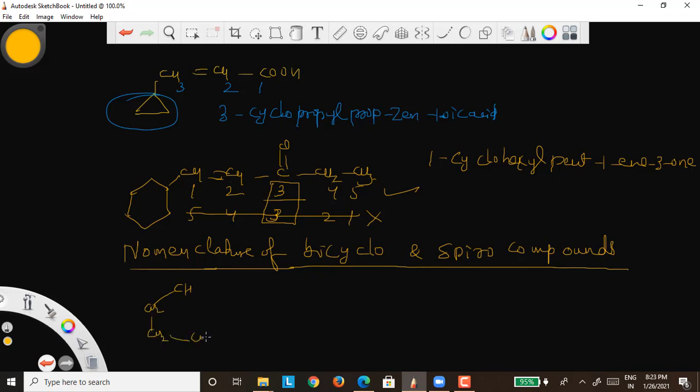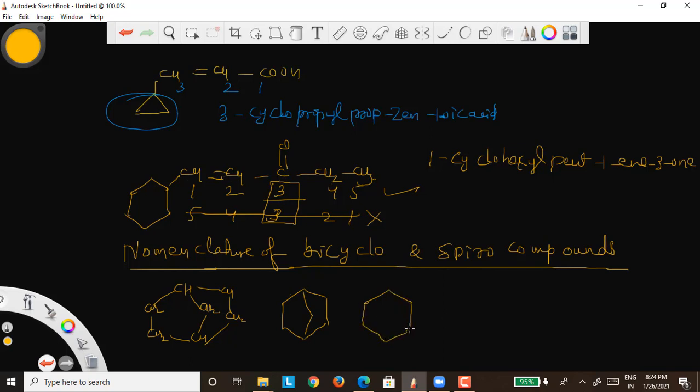Then CH. And now this is CH, CH2 and connected. Now this is like a cyclohexane ring, but in the middle CH2, CH2. Sorry, one CH2, maybe two CH2 also. You can show the skeletal structure like this.